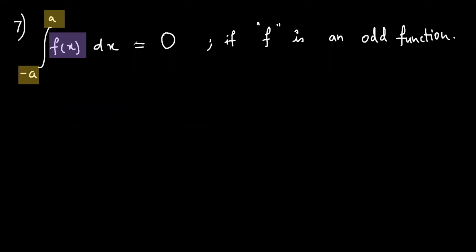Now, you would be thinking that this is when f is an odd function. What happens if f is an even function? You are right. If f is an even function, then the integral from negative a to a of f of x dx is 2 times the integral from 0 to a of f of x dx.